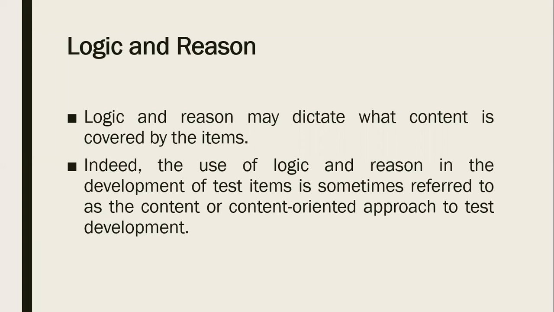For example, if you were developing a true or false test of extroversion, logic and reason might dictate that one of the items be something like "I consider myself an outgoing person." Indeed, the use of logic and reason in the development of test items is sometimes referred to as the content or content-oriented approach to test development.